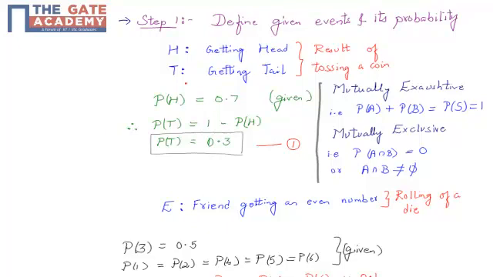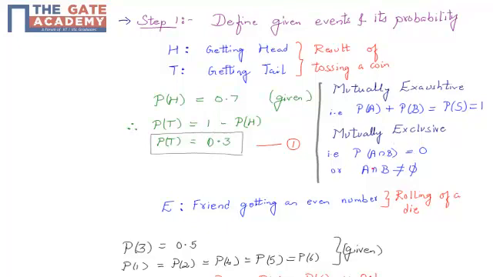Also, we must know that head and tail, these events are mutually exhaustive. That is, probability of A plus probability of B would be equal to probability of my sample space, which is always equal to 1. And also in this case, head and tail, both these events are mutually exclusive. That is, probability of A intersection B is equal to 0.